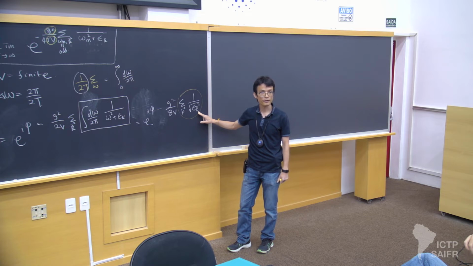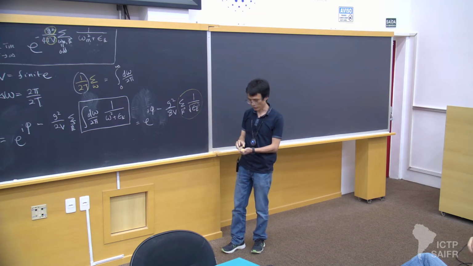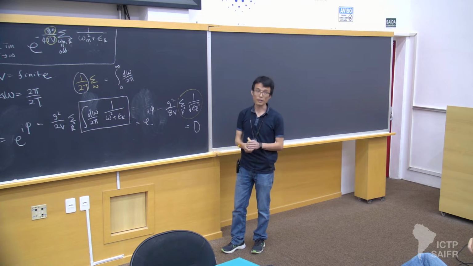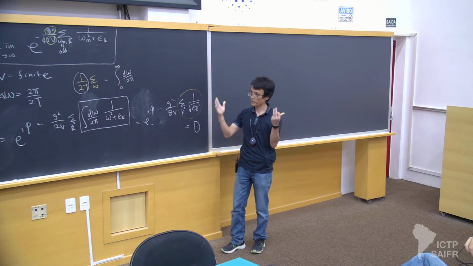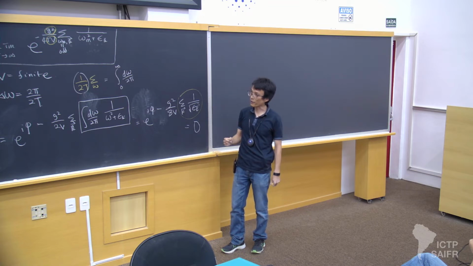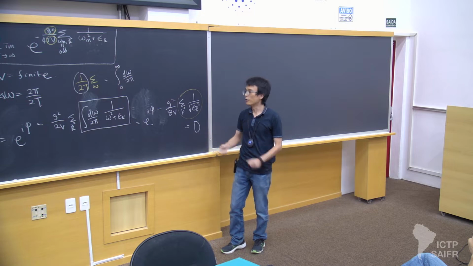Okay? So it's e to the minus infinity. So it's 0 for any finite volume. So this statement doesn't depend on dimension. In any dimension, as far as your system size is finite, the expectation value of that is 0 in the ground state. The k equals 0 mode is the classical mode?